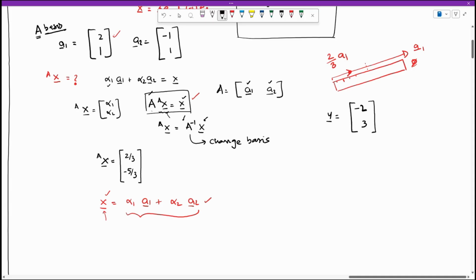Again, I've not said anything about the basis, and I've not used any superscript. That means this is in the standard basis. Okay. Where is this vector? Draw this vector.